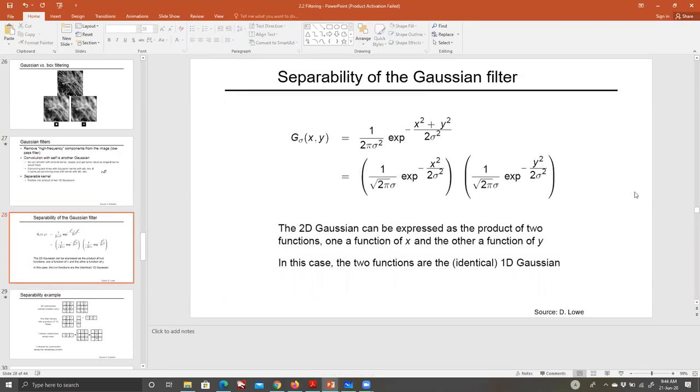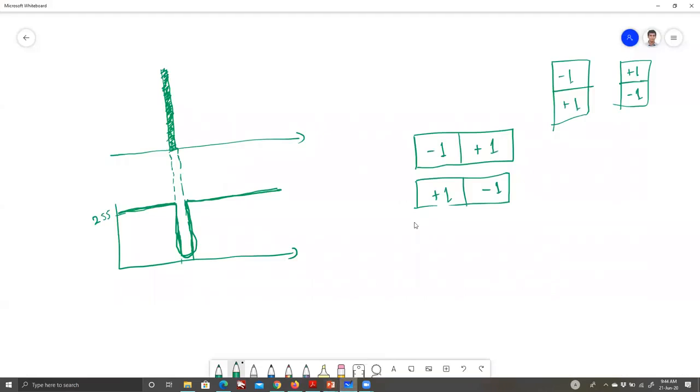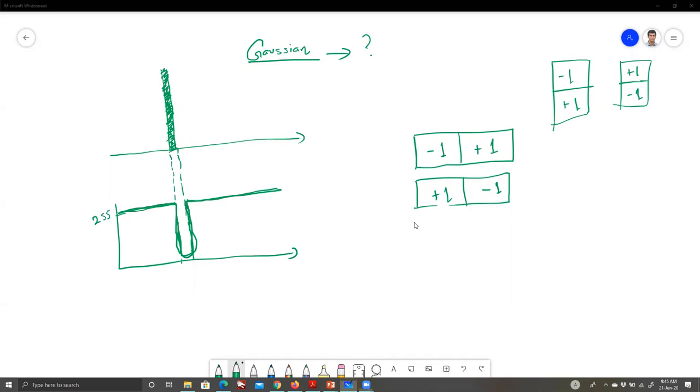Okay, so what is the Gaussian equation? Can anyone remind me? Come on, you know this.